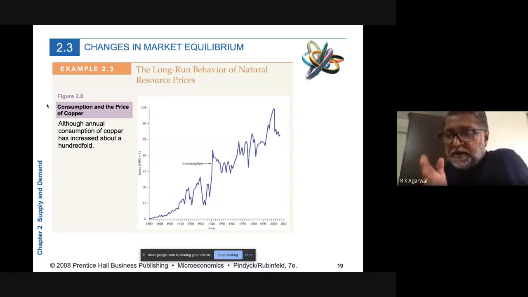Engineering colleges have also gone up quite substantially in number. So don't necessarily force yourself into thinking that the supply curve of education has shifted to its left. It may have shifted to its right, because in the last 50 years, the number of medical colleges has also gone up in India, which means the supply curve has shifted to its right.